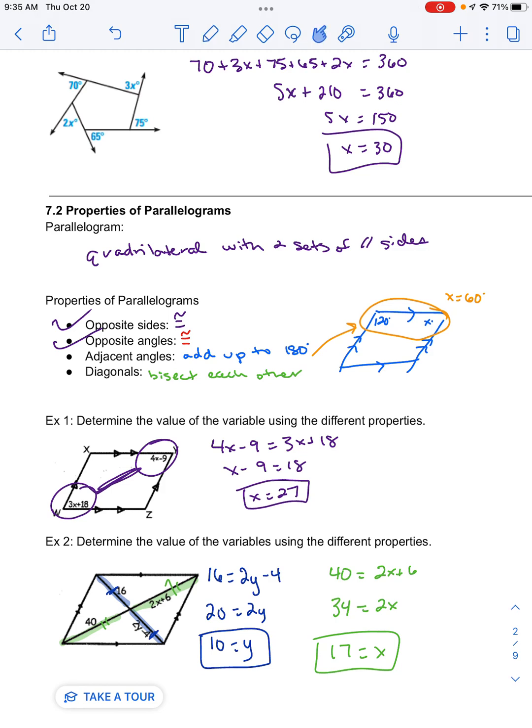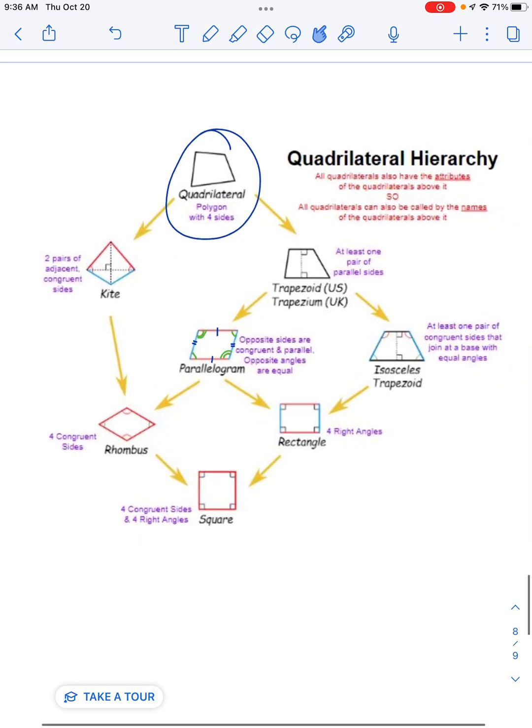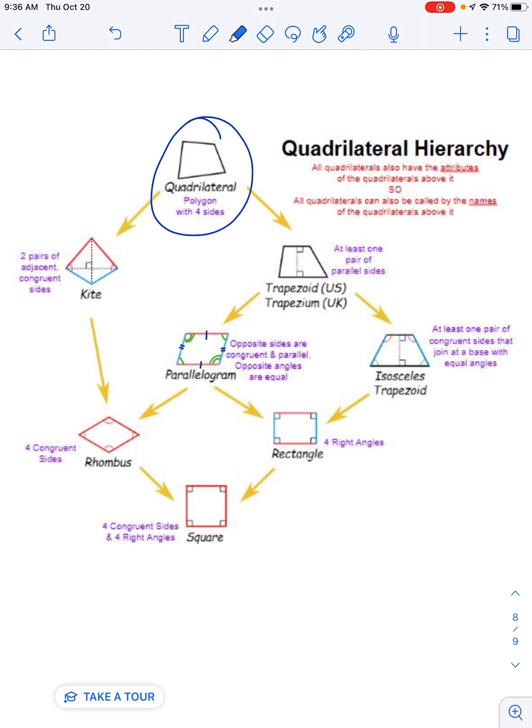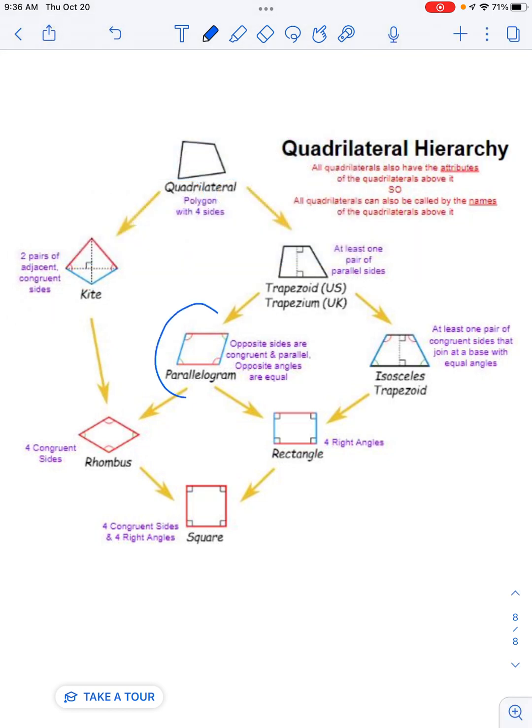If you would turn to the very last page, we have a quadrilateral hierarchy. I really like this because it shows some things on here for you. So we're starting off with a quadrilateral is a polygon with 4 sides. Then we're technically here discussing parallelograms.